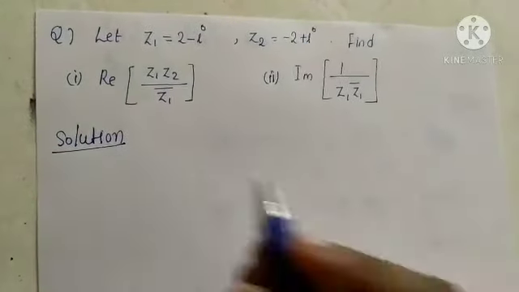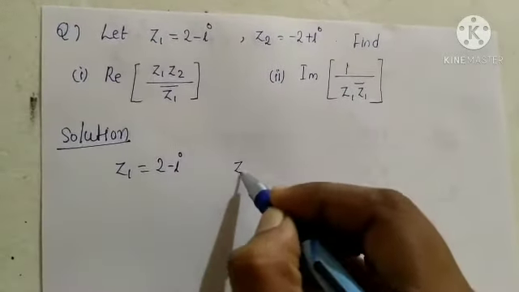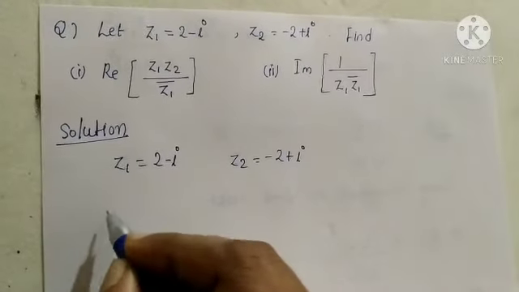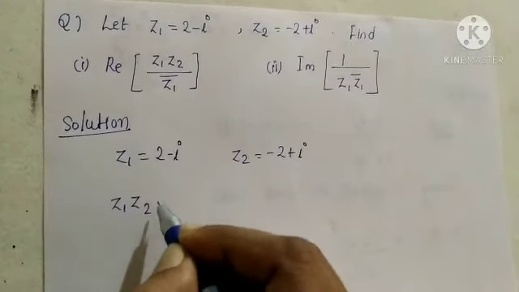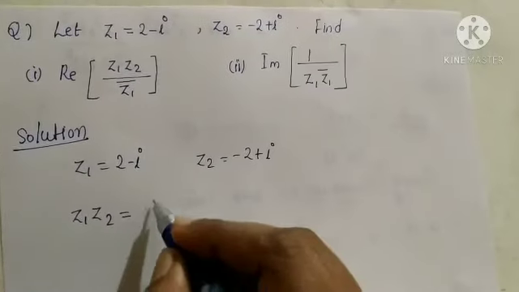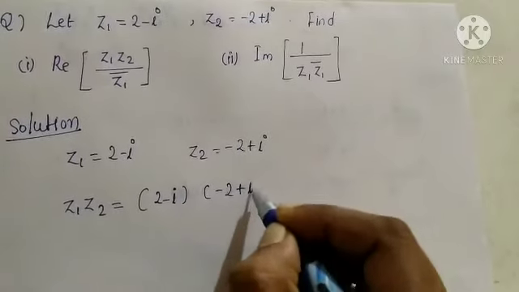Okay, so given that Z1 equal to 2 minus i and Z2 equal to minus 2 plus i. So first of all we need to find Z1 into Z2. Z1 into Z2 is equal to 2 minus i into minus 2 plus i.